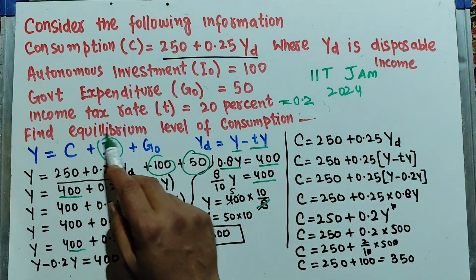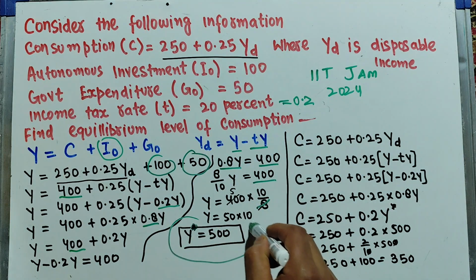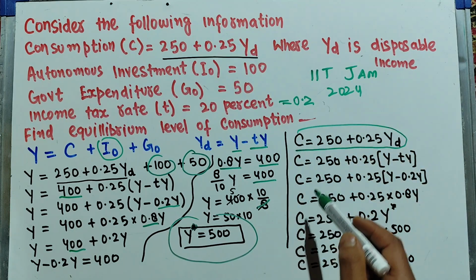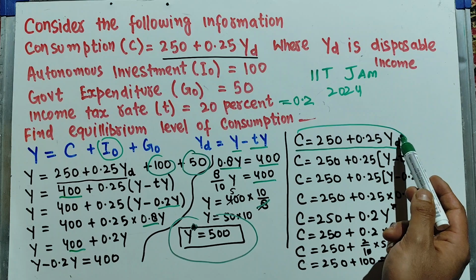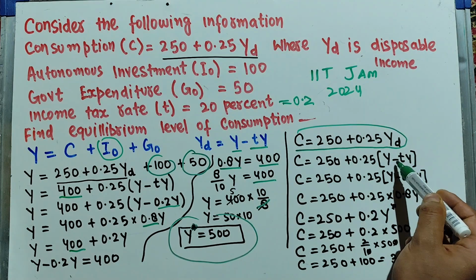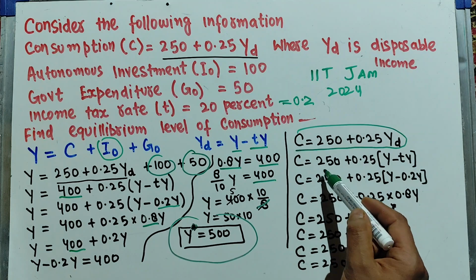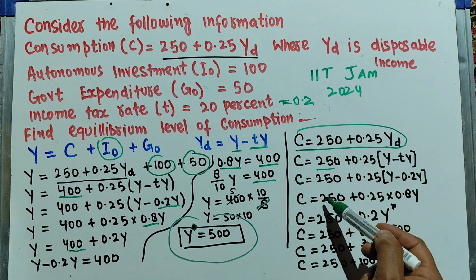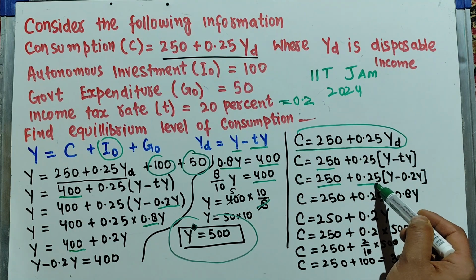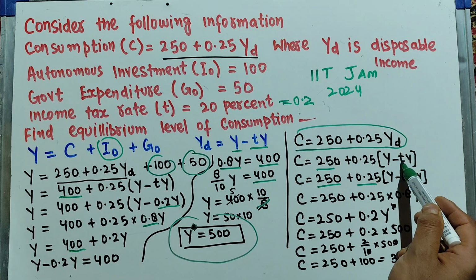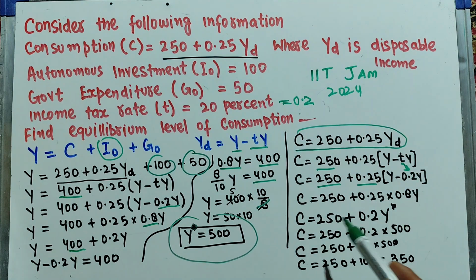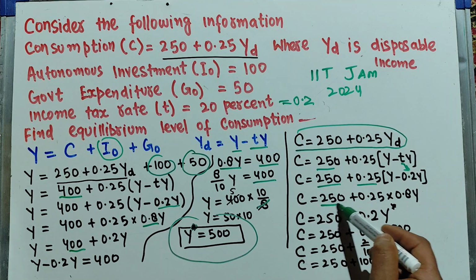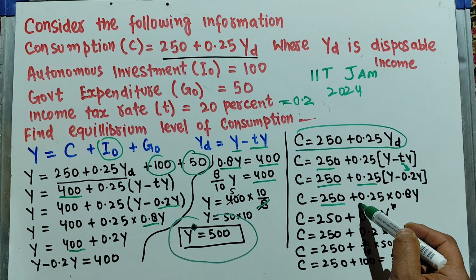Now since we have to find out the equilibrium level of consumption, we plug the value of Y equal to 500 into the given consumption function. So consumption function is 250 plus 0.25 Y subscript D, and Y subscript D is Y minus tY, as we know. So we have 250 plus 0.25 times Y minus tY. So we have 250 plus 0.25 Y minus 0.2, in place of t, we have 20% of Y. That implies our consumption will be equal to 250 plus 0.25.